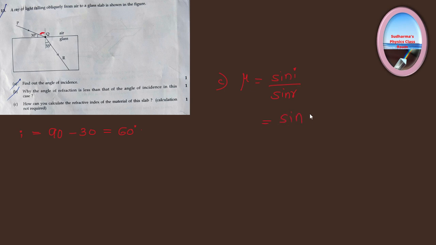Sin of 60 and sin 33. That is why they have told calculation not required, because we don't know how to calculate sin 33. We know the standard angle values, but sin 33 we don't know, right? So you can just leave the answer here. Calculation is not required. It's told very specifically.